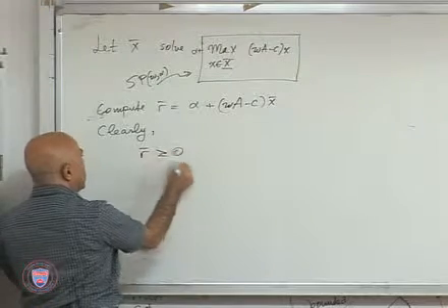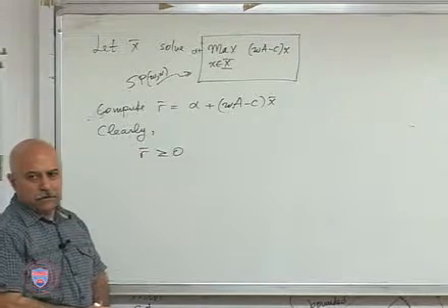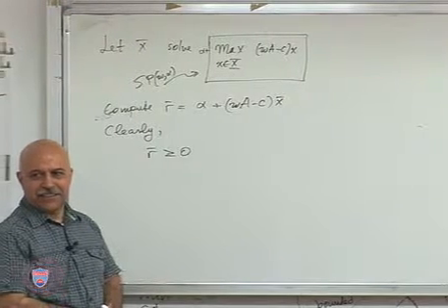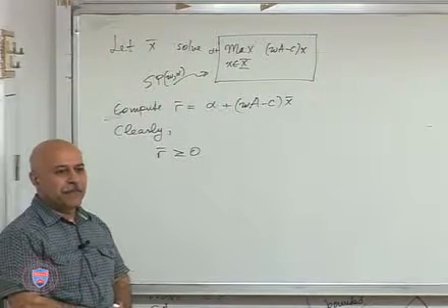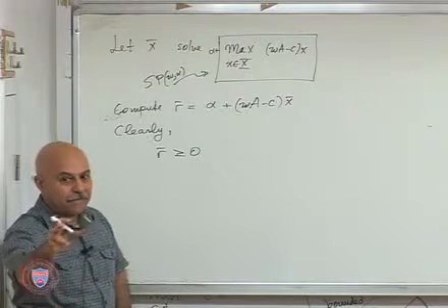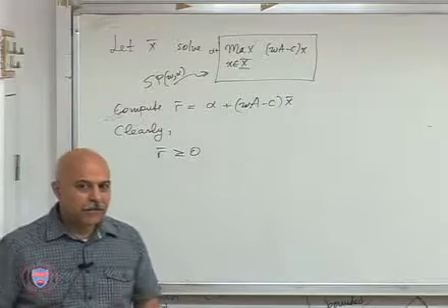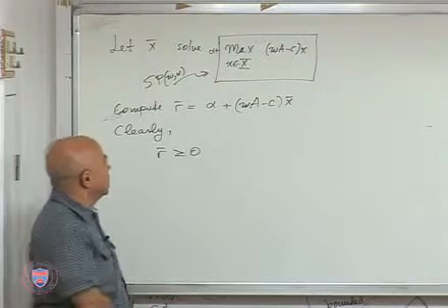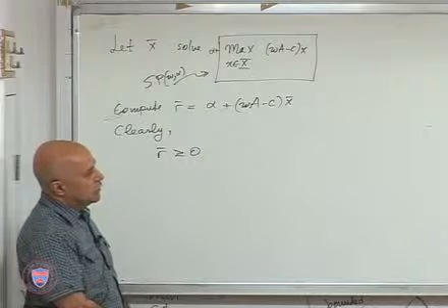Clearly, this value is greater than or equal to 0. To me, it's clear. I'm not sure if it's clear to you. Why is it clear? Because of alpha? Not really, no. The reason is the following.